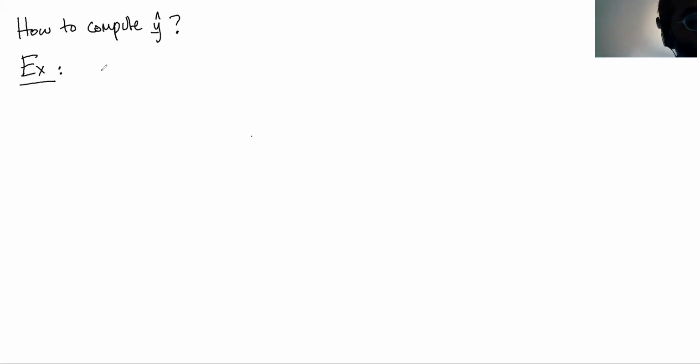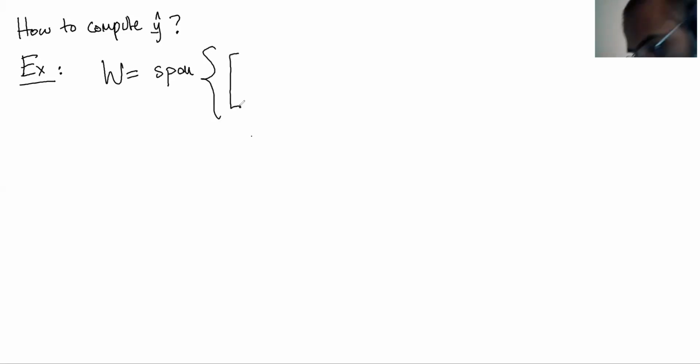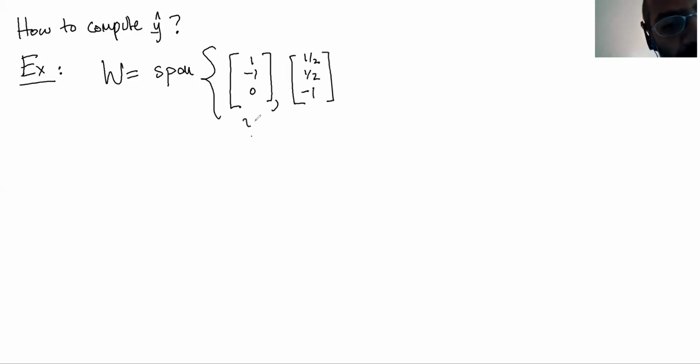Let's consider the span of two vectors, which are going to be (1, -1, 0) and (1/2, 1/2, -1). These are u1 and u2. This is contained in R3.